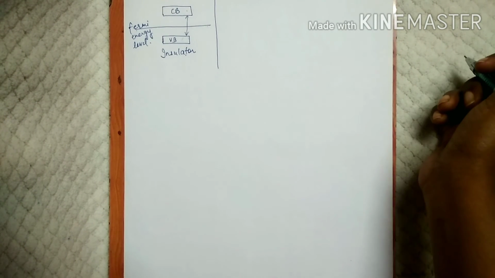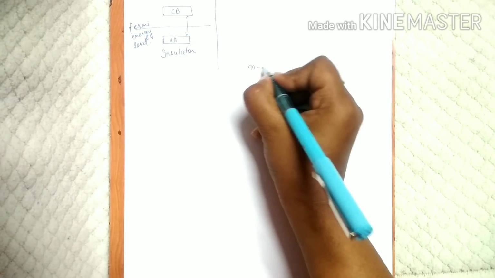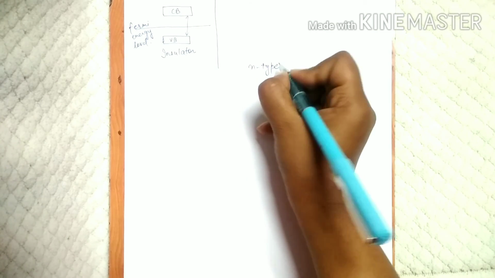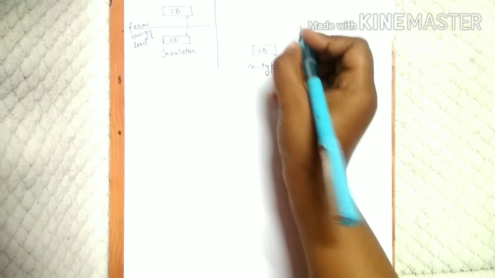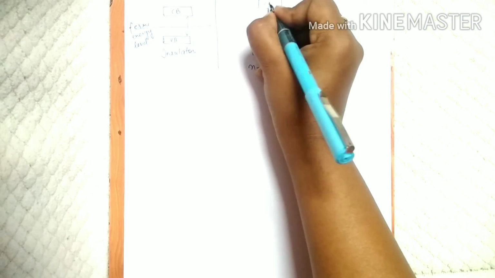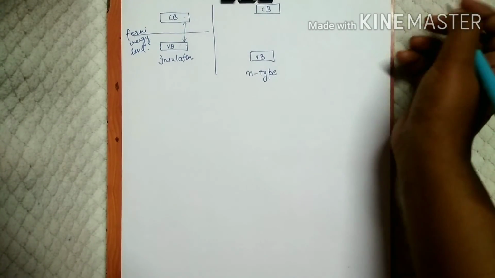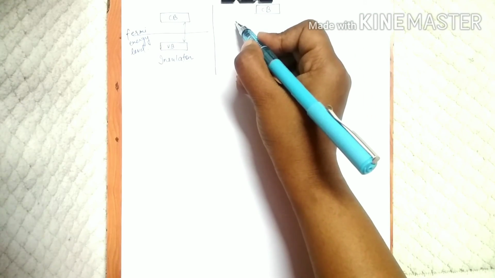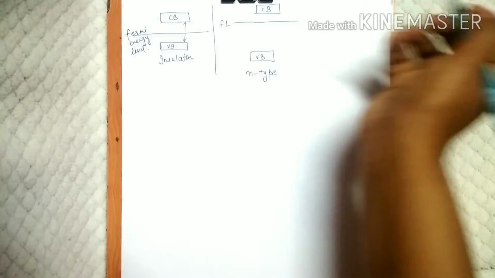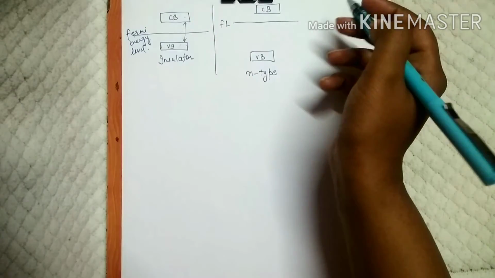Now I'm going to show the Fermi energy levels in case of n-type and p-type semiconductors. Suppose there is an n-type of semiconductor having conduction band and valence band placed like this. Okay, so in case of n-type semiconductor, Fermi energy level is near to the conduction band. This is your Fermi level, which is near to your conduction band in case of n-type semiconductor.